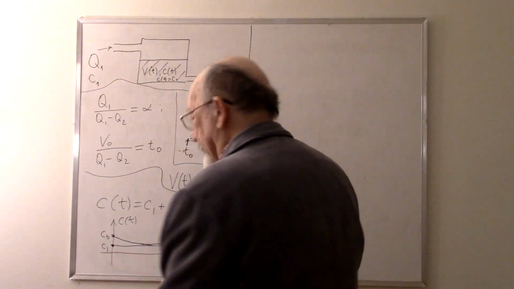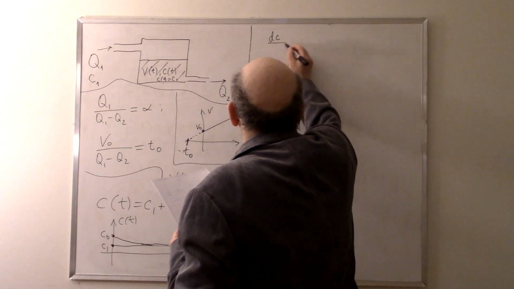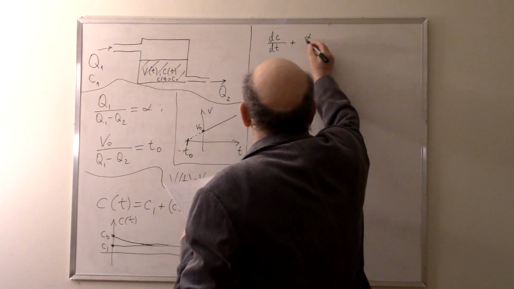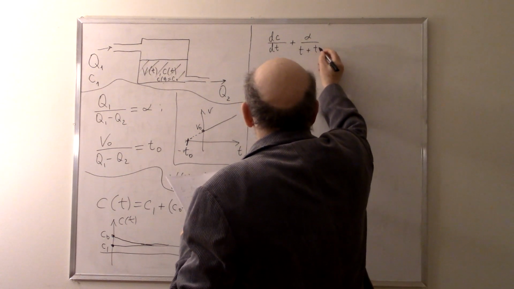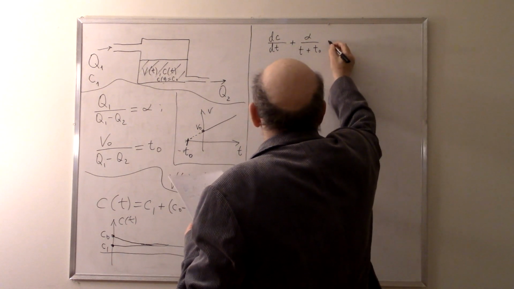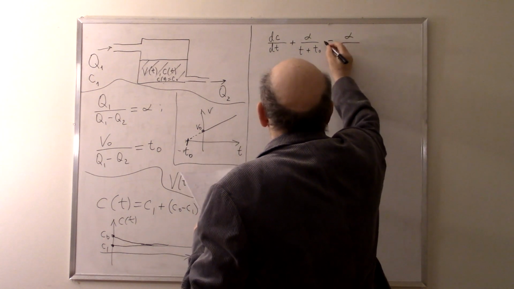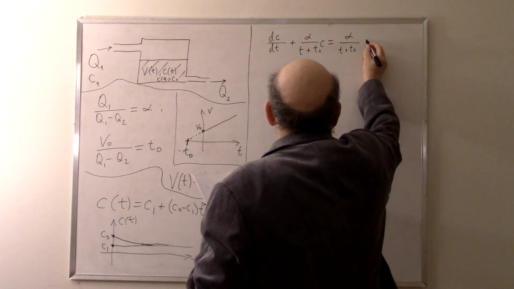So our equation is dc/dt plus alpha divided by (t plus t0) times c equals alpha over (t plus t0) times c1.